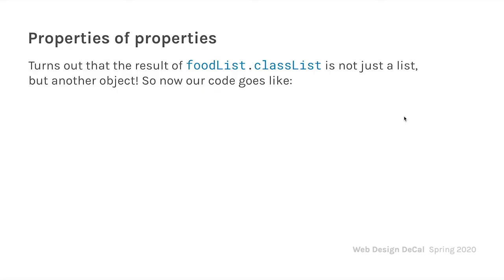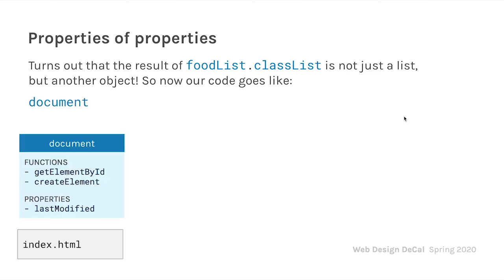So, it turns out that the result of foodList.classList is not just a list, it's actually another object. Earlier I showed you guys in the example that when you do foodList.classList, the result is another object with its own properties and methods. So now our code goes like this.